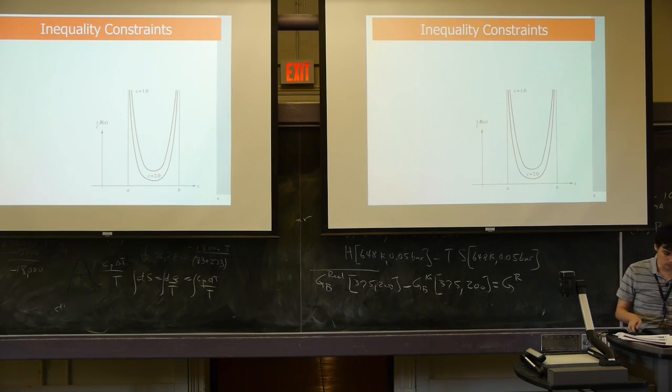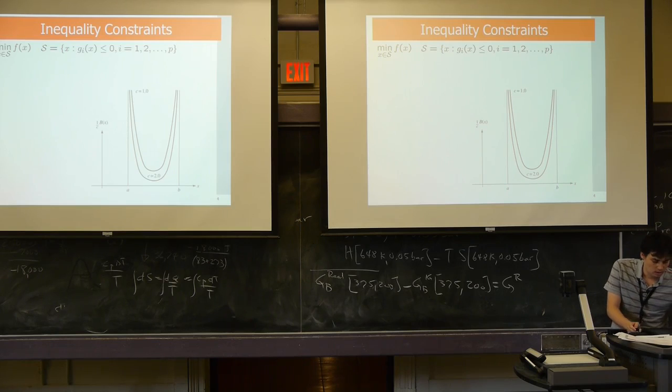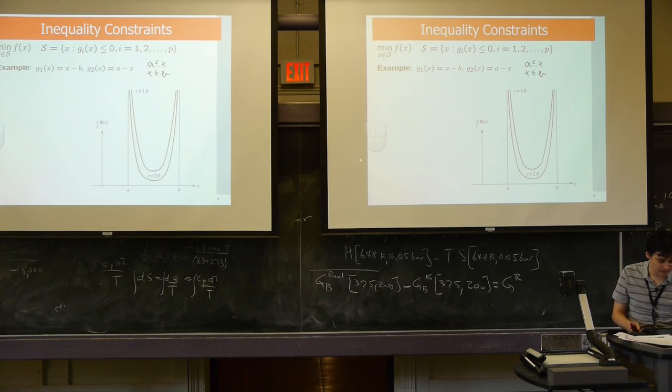Okay, so for example, if the set S is represented with inequalities, a trivial example is if, say, g1(x) is x minus b, and g2(x) is a minus x, it means that our set S is those points x that are between a and b.